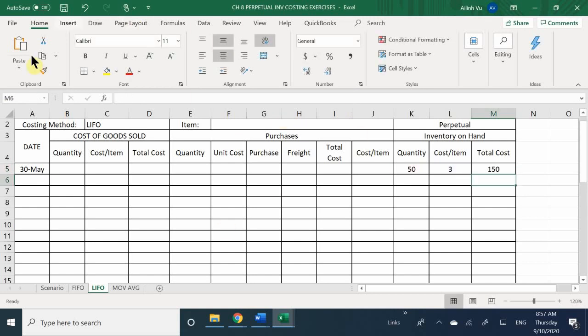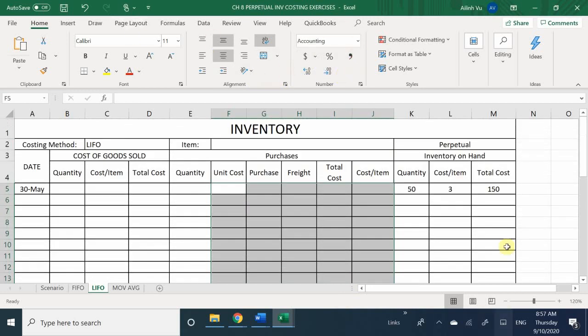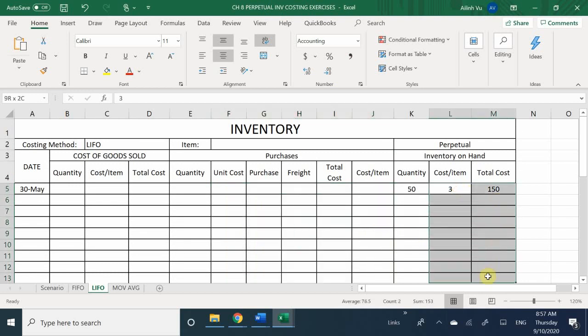Okay, I'm going to change the format and style of this real quick. All right.